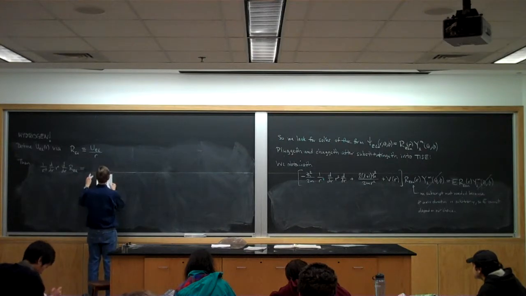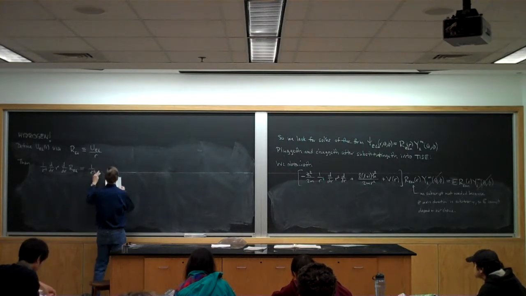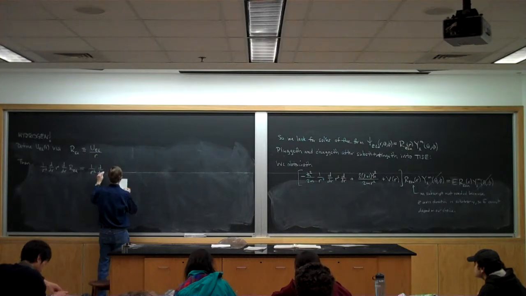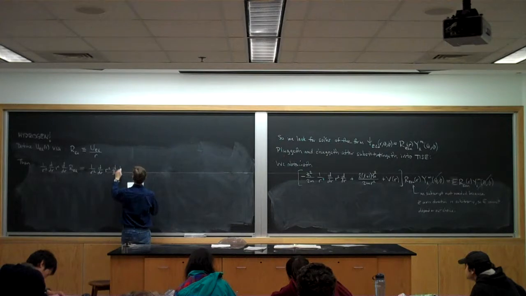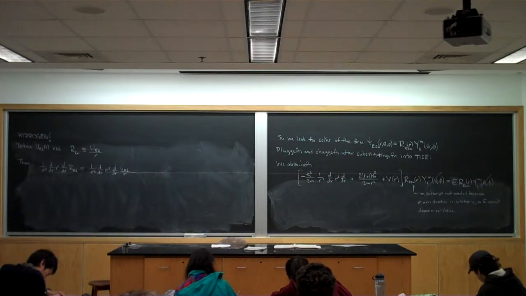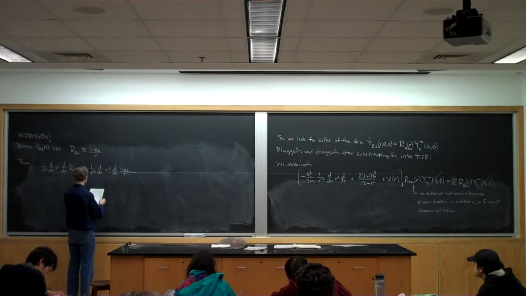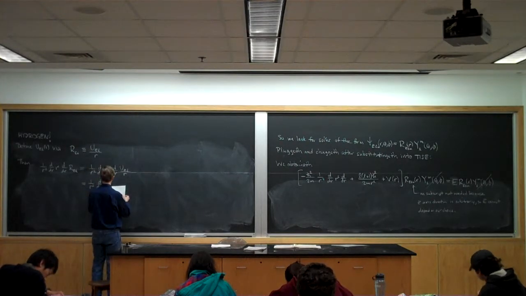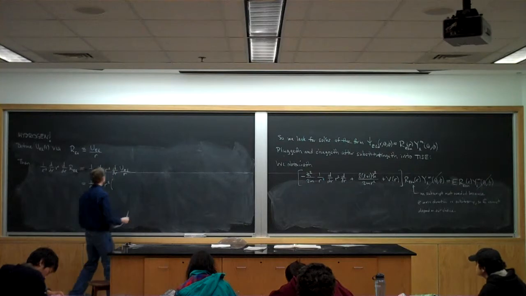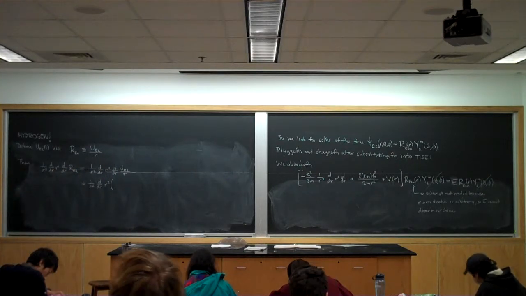That's equal to 1 over r squared d/dr of r squared d/dr of u_El over r, equals 1 over r squared d/dr of r squared, and then if I differentiate u_El over r, what do I get?